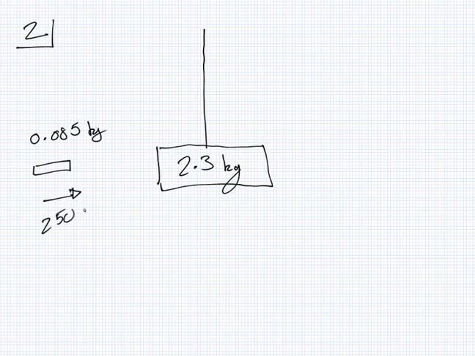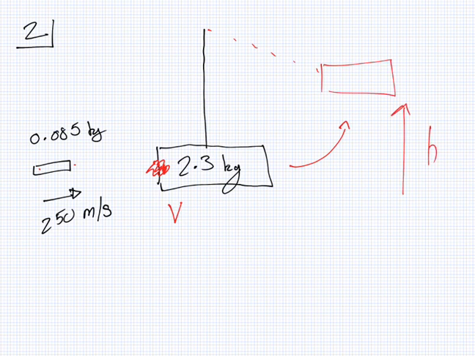So the question, first part, is when the bullet hits the block, this will have a speed, V. And then this will swing up to a height, H. So for part 1, they want the V. Part 2, they want you to show it's not elastic, which I'm not so worried about right now. And then part 3 is they want the height. Okay? So this is what the picture looks like.